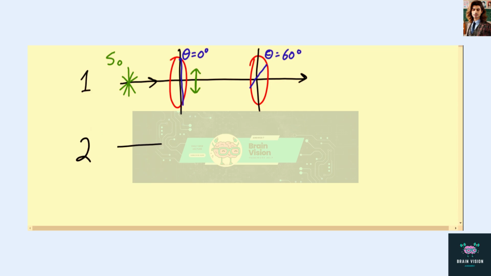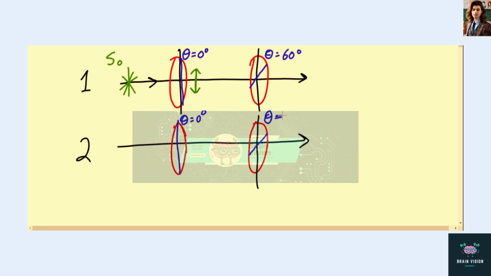Experiment 2, set up very similarly. We also have two polarizers. The first one being theta equals 0 degrees. But the second one now is tilted an unknown number of degrees from the vertical. So we're not sure what this theta is yet. But we do know that the light coming in experiment 2 is already polarized. It's polarized along the transmission axis of the first polarizer.